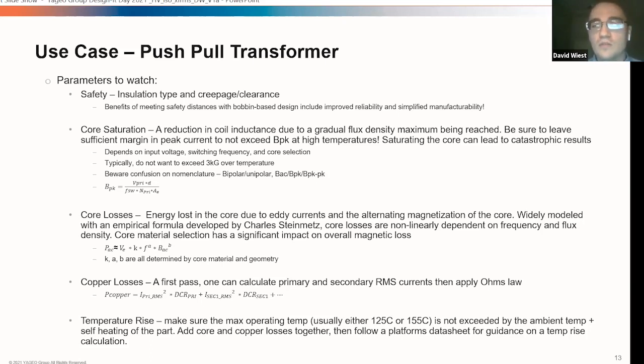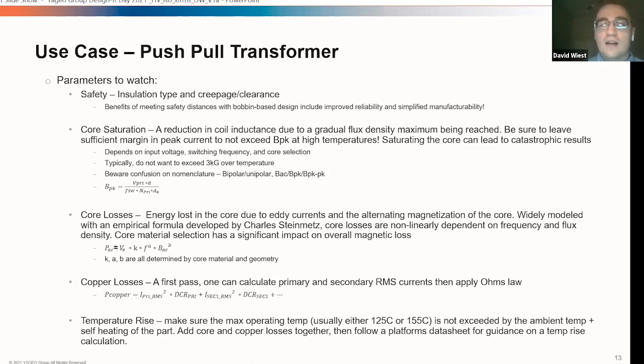You must know your input voltage, your switching frequency, and core and design parameters of the transformer. In a data sheet, typically a transformer vendor like Pulse will supply the needed information. If not, you can reach out to your applications engineer and we're happy to help.